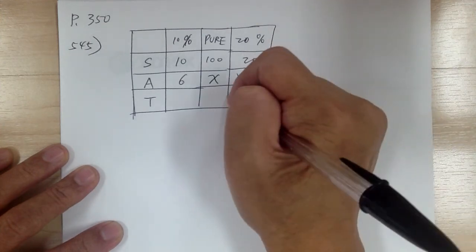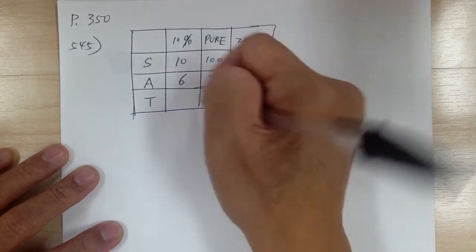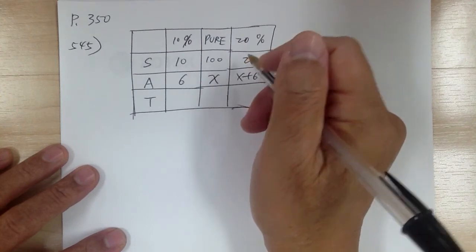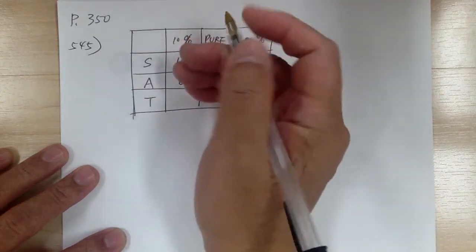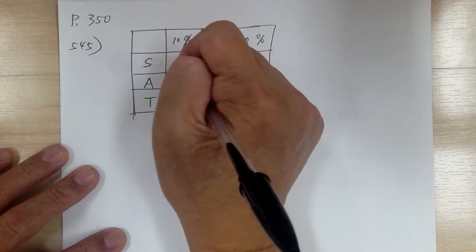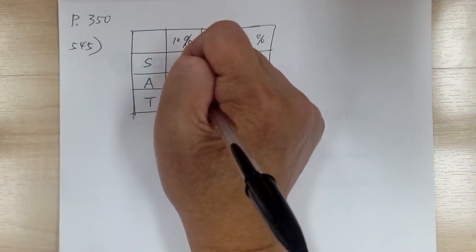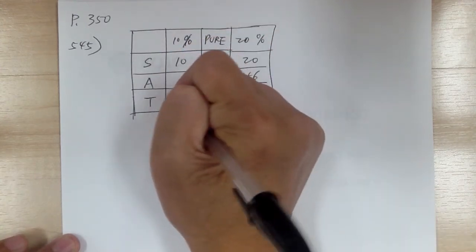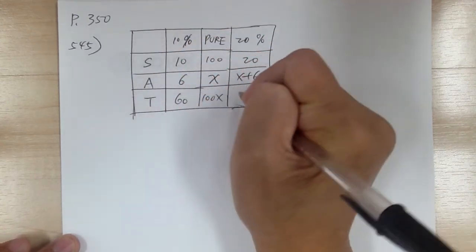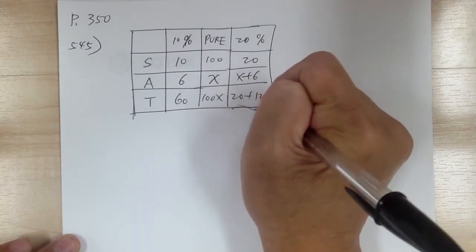Now all you have to do is finish up the table. You can just multiply. I'm going to get rid of the percents. There is 10% of the antifreeze times 6 quarts, so this is the pure amount, the subtotal. It would be 60, 100x, and 20x plus 120.